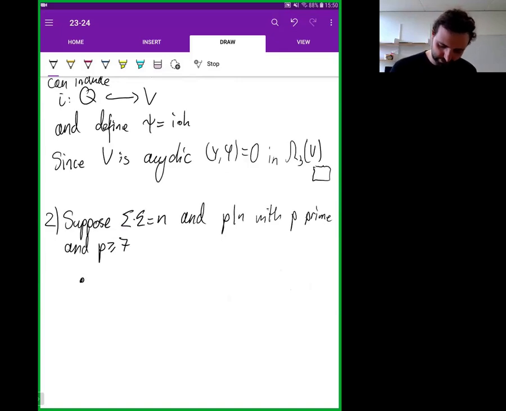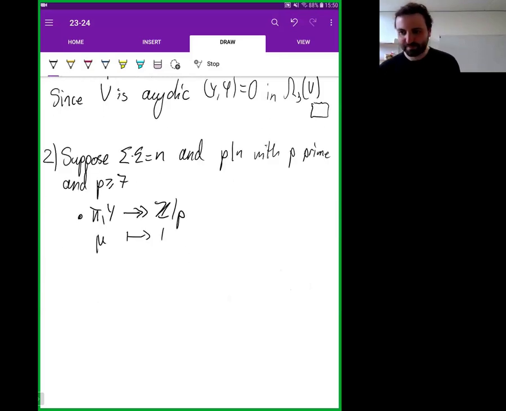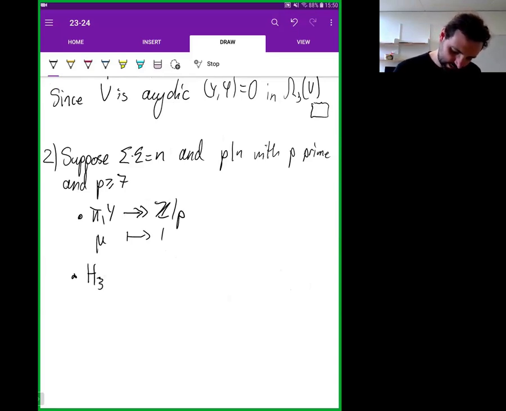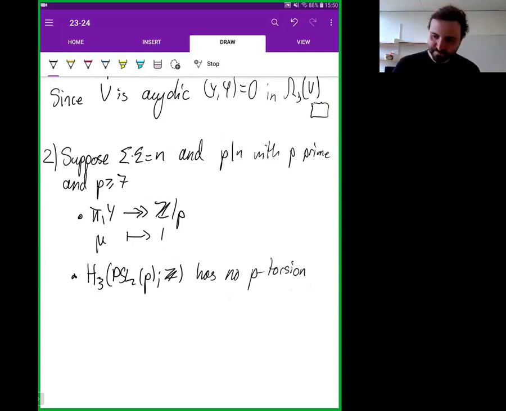Fact one is pi 1 of Y surjects onto Z mod p, and mu survives, I'll actually send it to the generator. And the second fact is that H3 of PSL2(p) with integral coefficients has no p-torsion, for p at least 7.